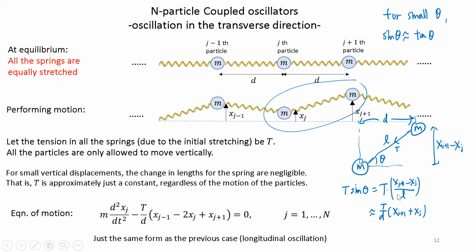However, here is an approximation that we are making: we are assuming that the tension doesn't really change much, even when you go from this state to this state. You can imagine the following: suppose originally the spring is already quite stretched by a lot.